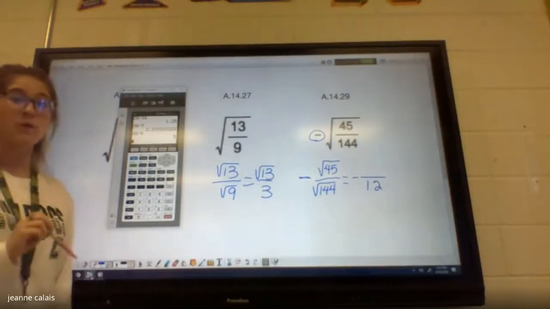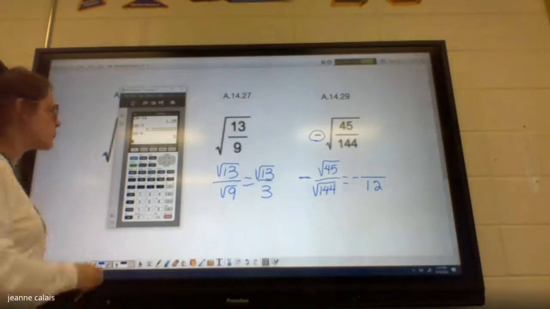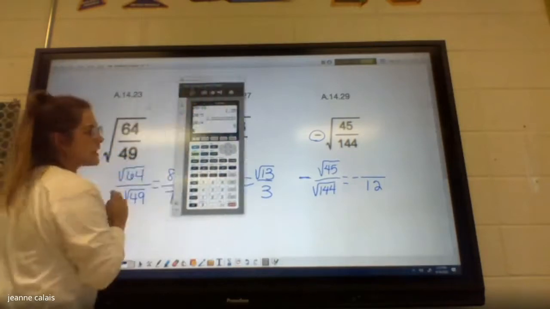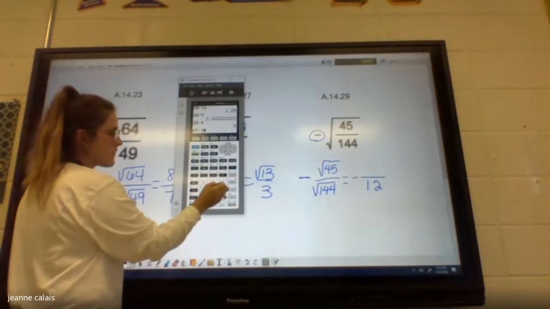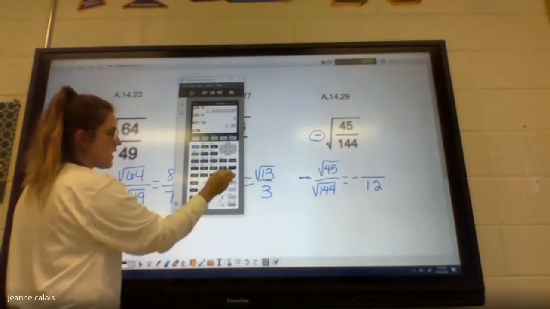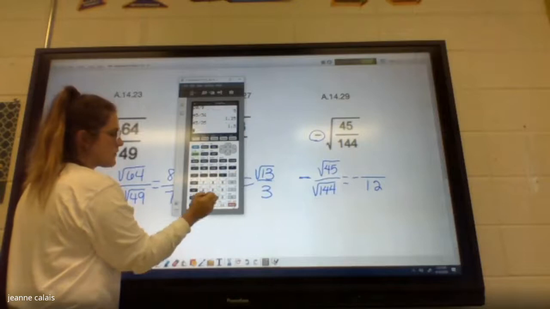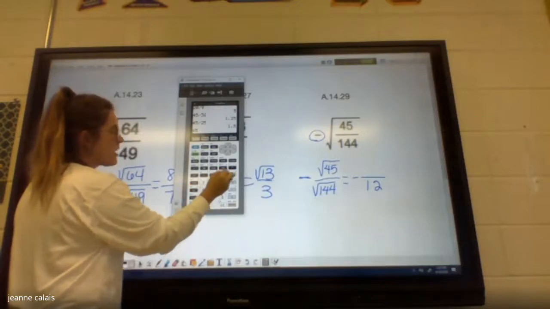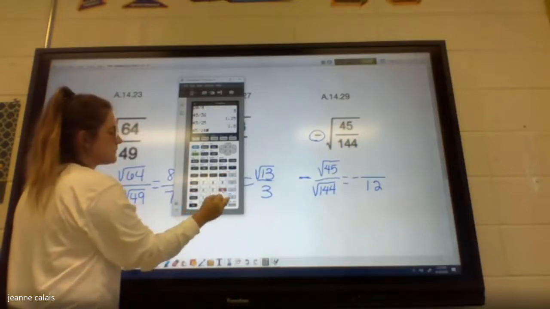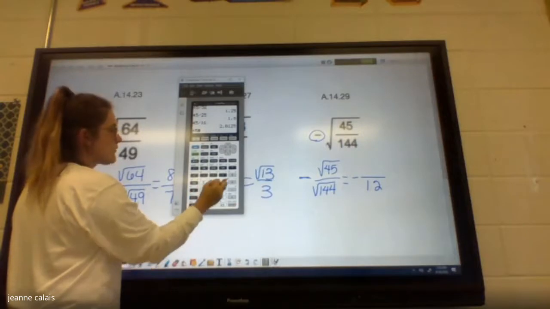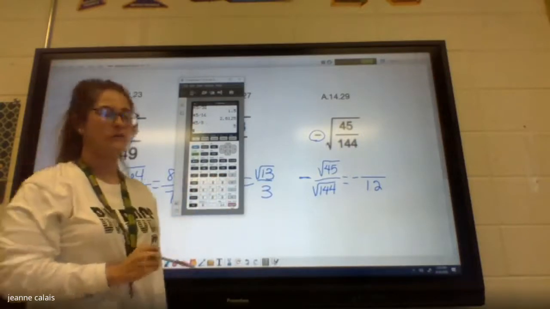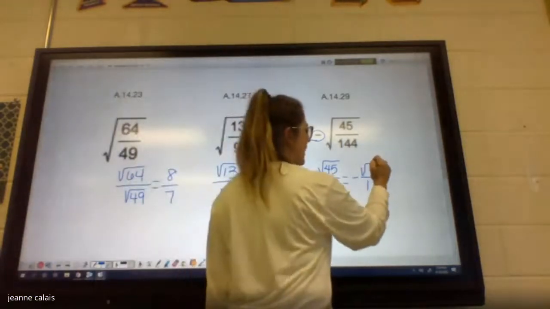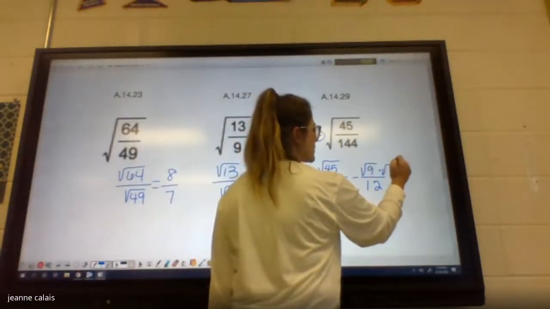I know exactly what perfect square goes into it, but you probably more than likely will need to refer to your calculator. So 45 divided by 36, 45 divided by 25, 45 divided by 16, 45 divided by 9 gives me 5, okay? So I'm going to rewrite it as the square root of 9 times the square root of 5.